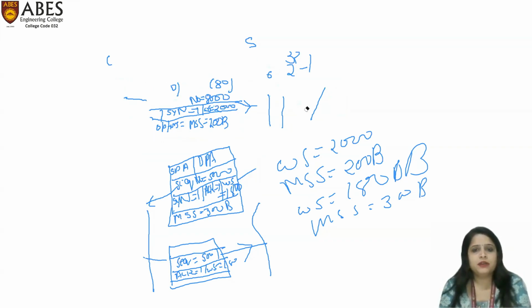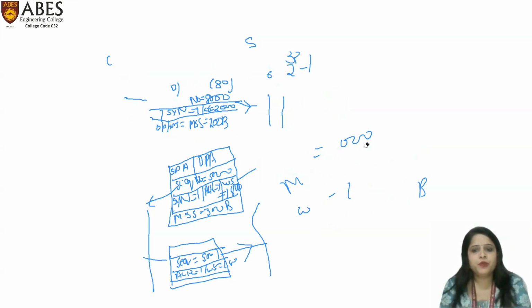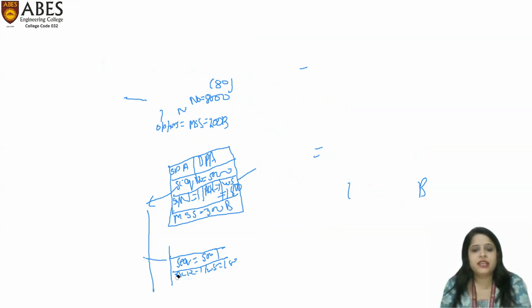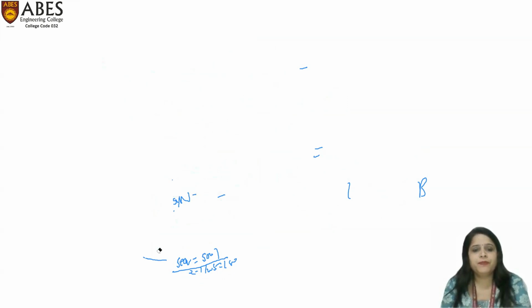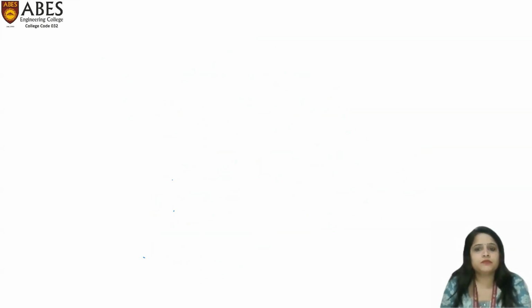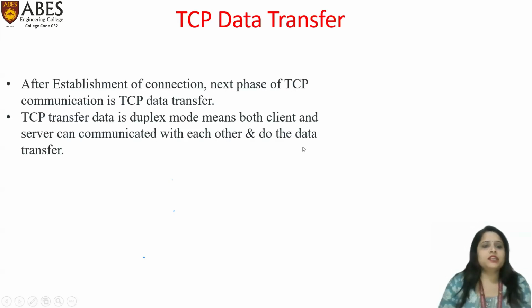I hope you understand the connection establishment phase of the TCP protocol. The next phase of the TCP communication services is the data transfer phase. This is the second phase. After establishing the connection between client and server, the next phase is the data transfer phase.